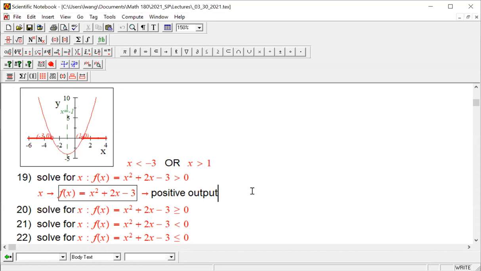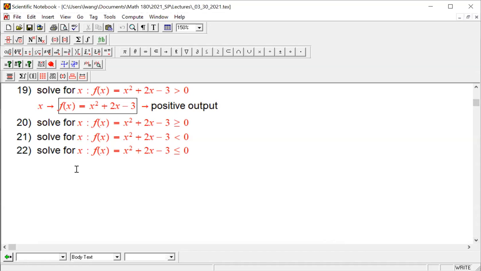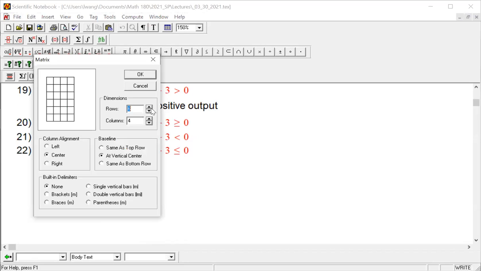Meanwhile, I'm going to put a summary table together for you. You work on 20, 21, 22. Really play with the picture. Okay, so I'm going to put a summary together for you.